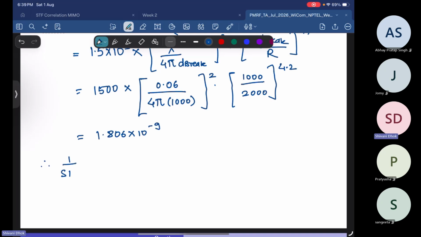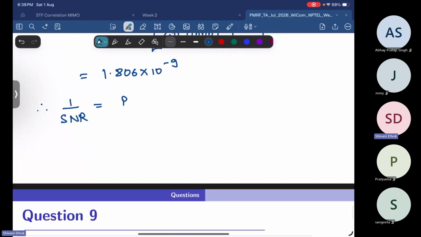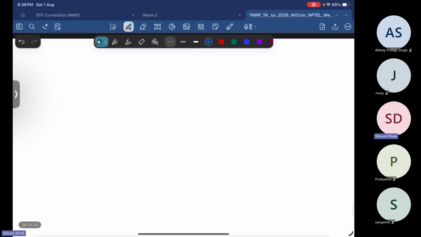So therefore 1 by SNR comes out to be equal to your noise power Pn, which is 10 to the power minus 13.4, divided by 1.806 into 10 raised to minus 9. So this comes out to be equal to 2.1397 into 10 raised to minus 5. So what all we have?